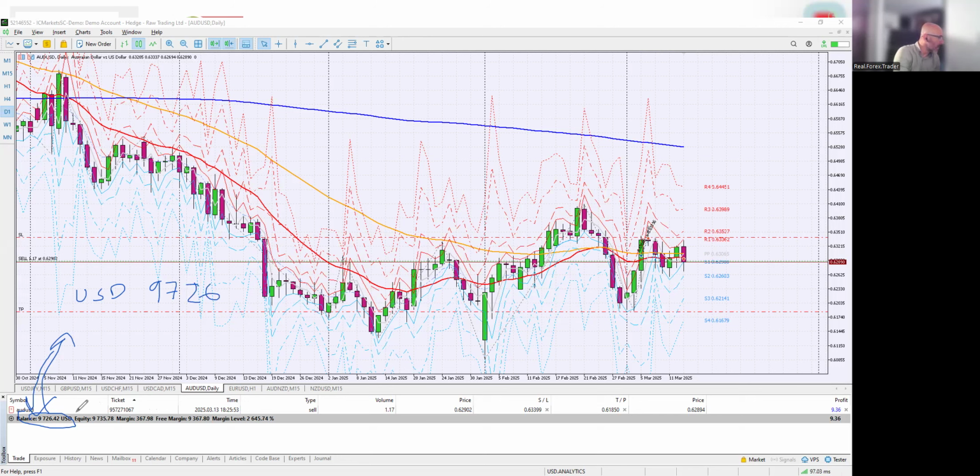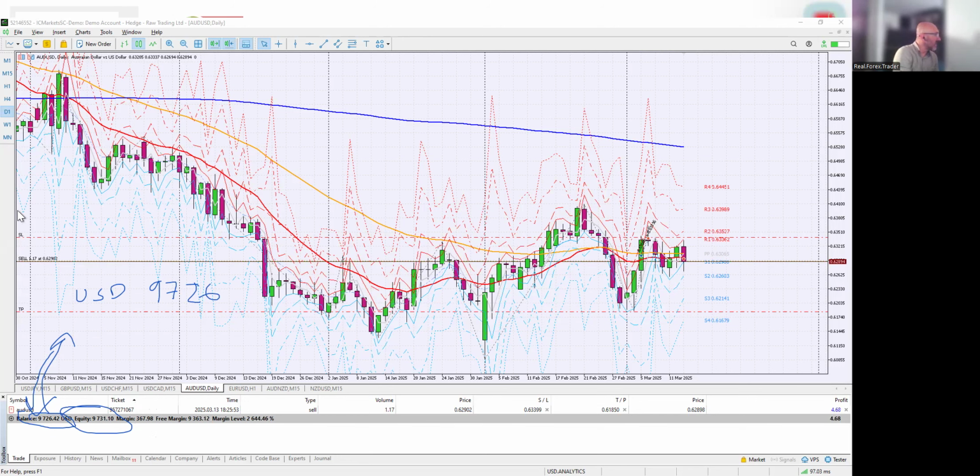Now, what happens with the equity? What is equity? It is your real-time account value, including open trades, profiting or losing. And look at this, here's an interesting observation.